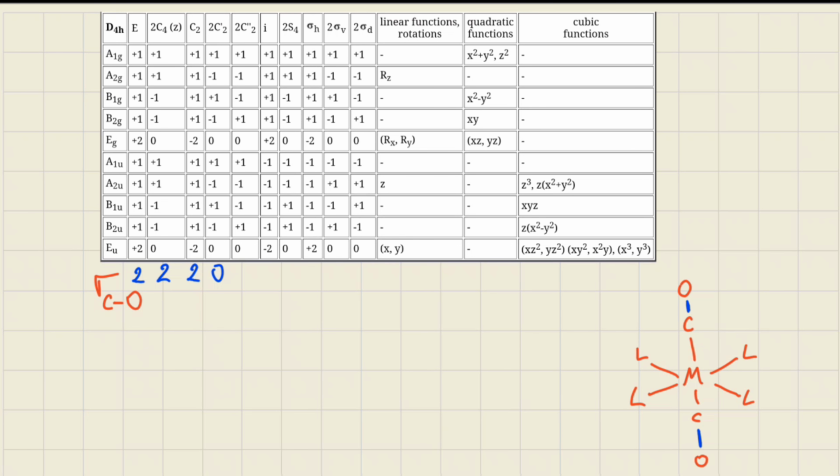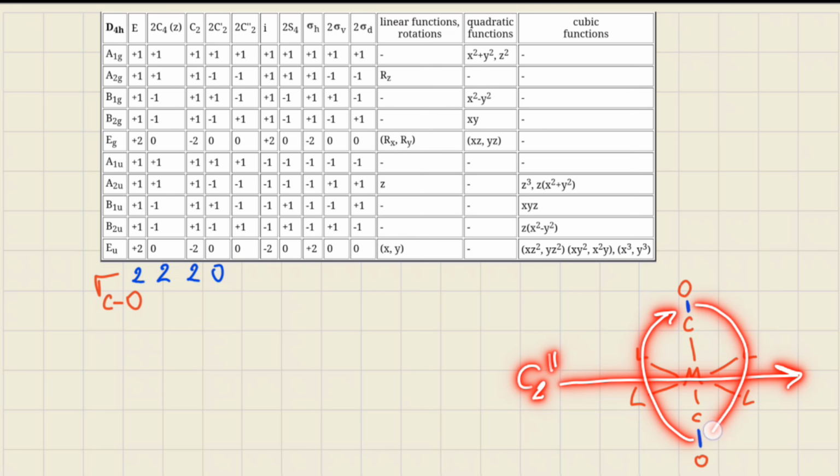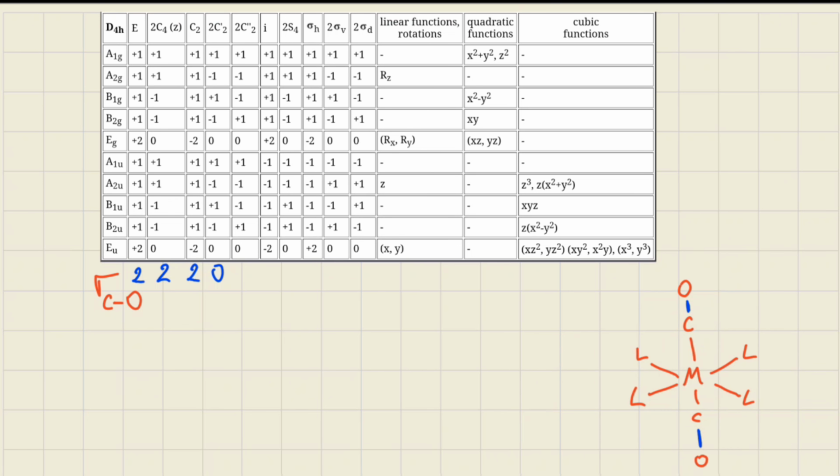And C2 double prime passes from here, and the same thing happens. Bond positions change, in this case again 0 for C2 double prime. If you apply the i operation, you will turn it over through the center, and bond positions will again change, so it is 0.